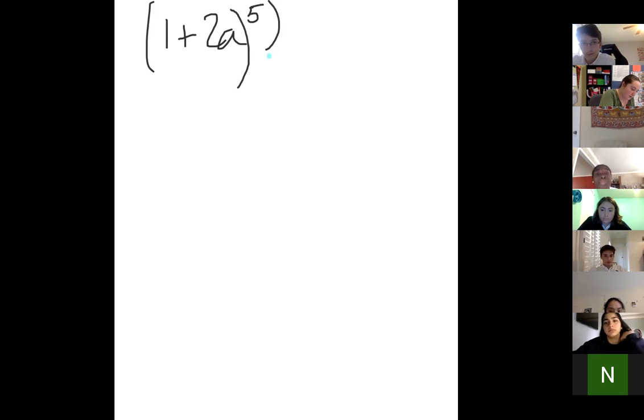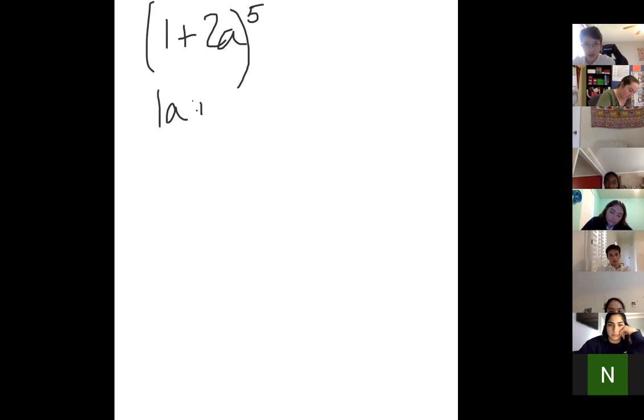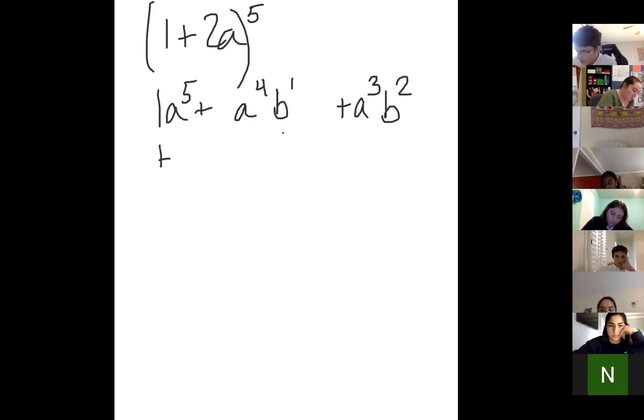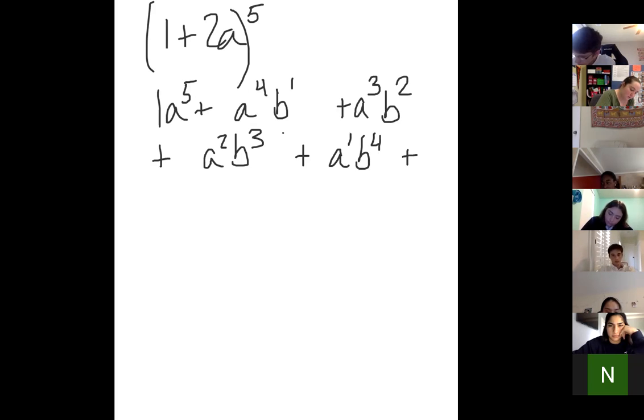I would use the method that I just showed y'all, where we have 1a to the 5th plus A to the 4th, B to the 1st, plus A to the 3rd, B squared, plus A squared, B 3rd, plus A1, B4, plus B to the 5th.